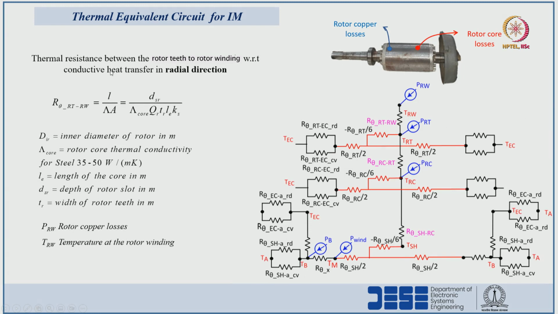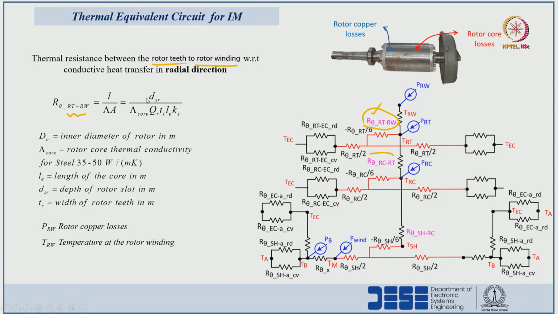Next, the thermal resistance from the rotor teeth to the rotor winding is the rotor teeth thermal resistance in the radial direction, that is, the thermal resistance between rotor core to rotor teeth, RT to RW.